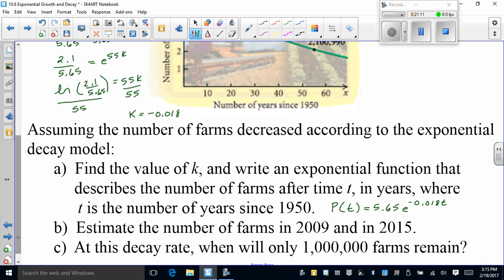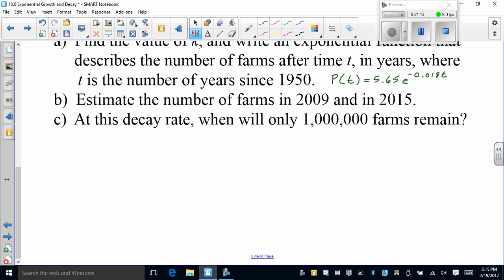So part B, estimate the number of farms in 2009. Well, we started out in 1950. Well, they want 2009 and 2015. So 2009 is going to be 59 years later, and 2015 is going to be 65 years later.